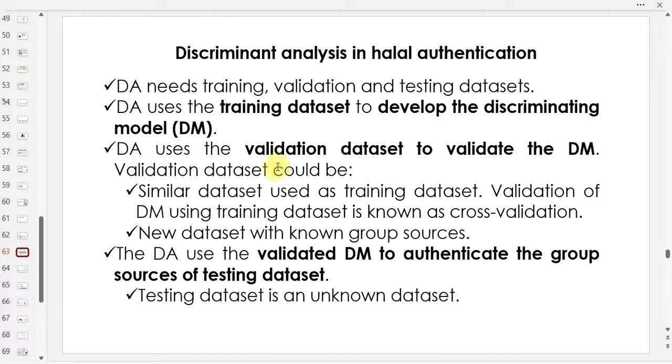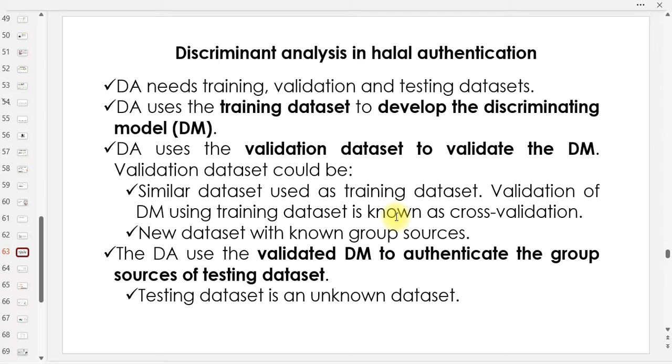So actually it has been explained here. DA uses the training dataset to develop the discriminating model. It will use the validation dataset to validate the discriminant analysis. A similar dataset can be used as a training dataset as well. And validation of the discriminant model using the training dataset is known as cross validation.